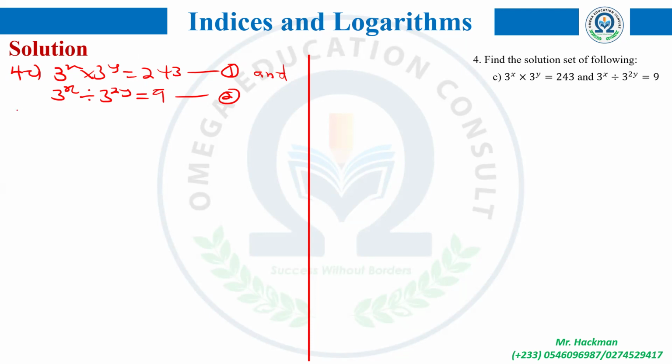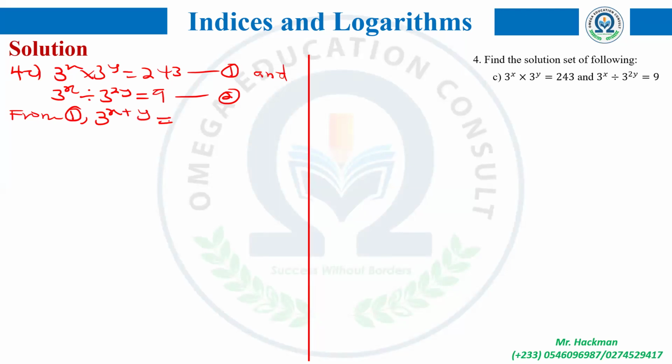So you come and take from equation 1. You know, the bases are the same here. We have to write this as a single base, but we have 2 bases here. So you keep the common base 3. And because they are multiplying, you add the exponents. So that will give you x plus y. All correct?